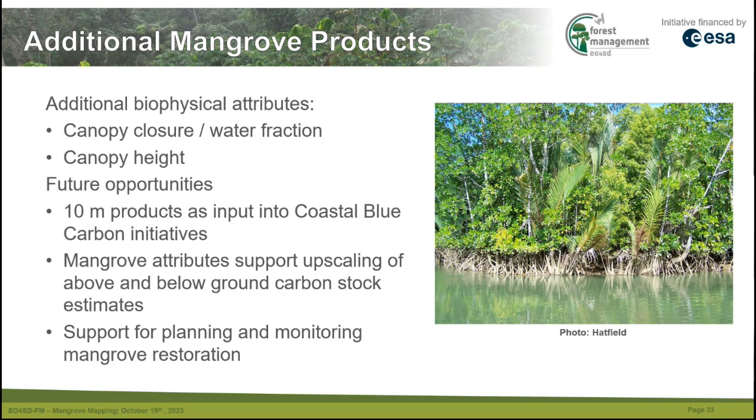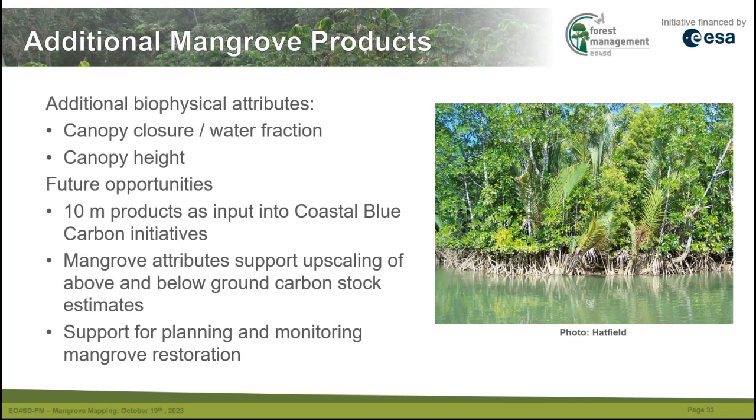But there are additional mangrove products that are increasingly of interest. Additional biophysical attributes of mangrove, such as canopy closure or the fraction of water and mangrove. So if a mangrove is degraded, as we saw after the 2017 storm in Fiji, potentially the canopy closure product would help to provide some information on the mangrove condition.